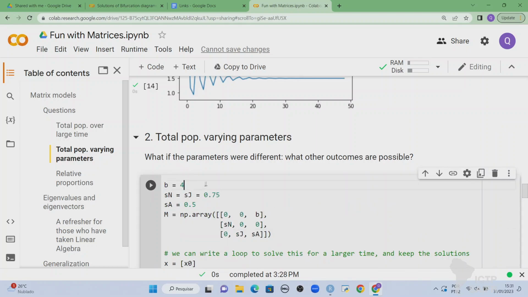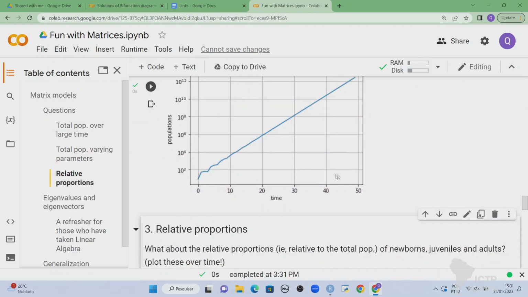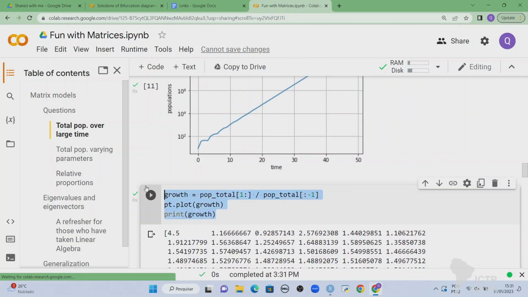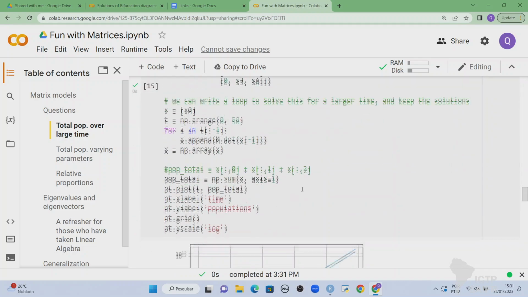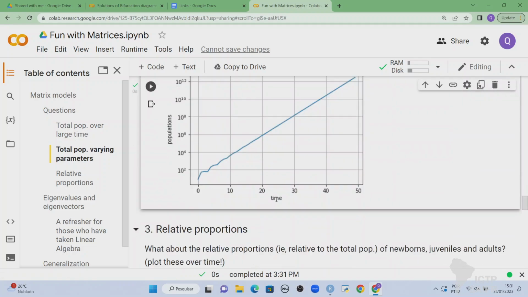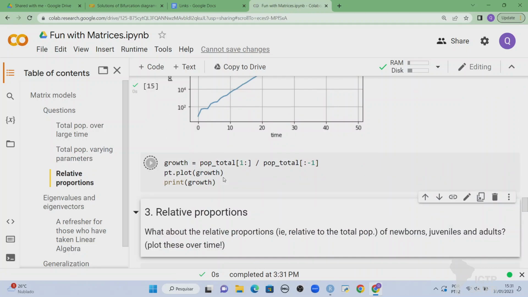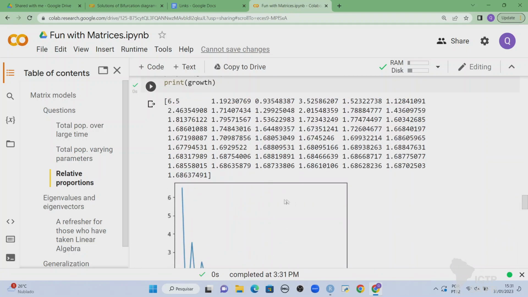So what happens if I increase the growth rate? Then it's just going to grow even faster. We can check this by running this calculation over here. I run this growth calculation again, and you see that now I'm growing at 1.68 after a long time.